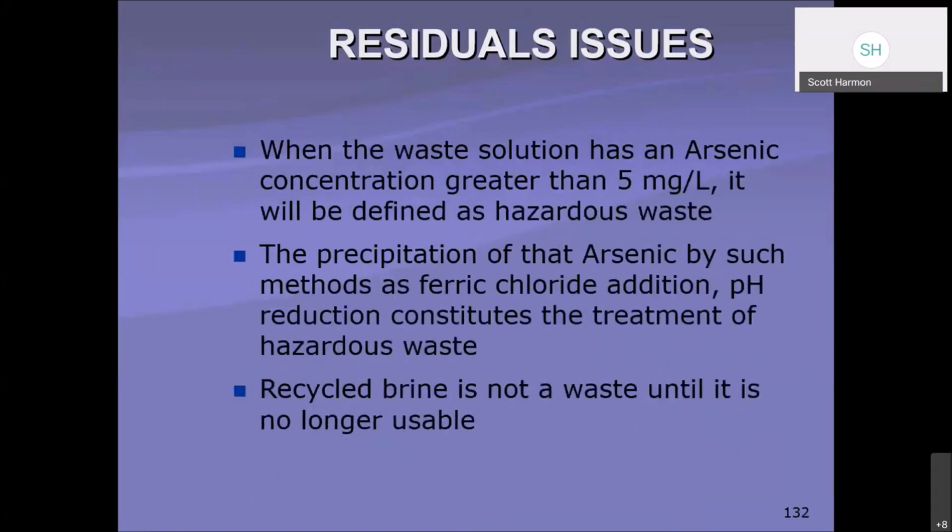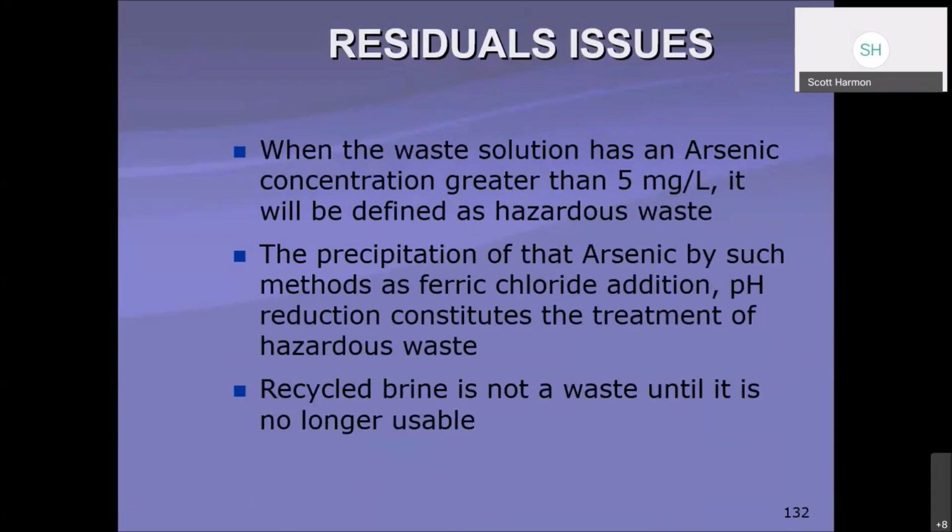When the waste solution has an arsenic concentration greater than 5 milligrams per liter, it will be defined as hazardous waste, because at that 5 milligrams per liter limit is where you start to have some health effects of arsenic. Precipitation of arsenic by such methods as ferric chloride addition and pH reduction constitutes the treatment of hazardous waste.